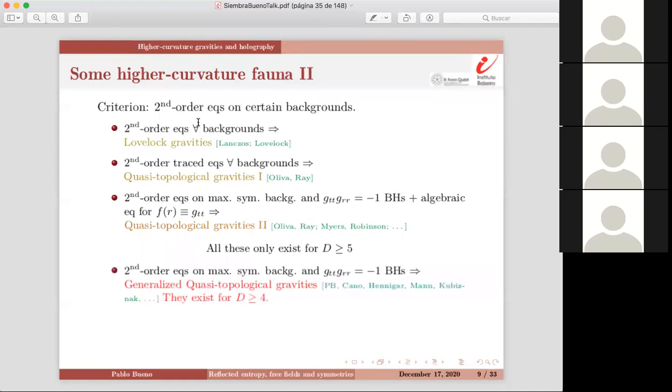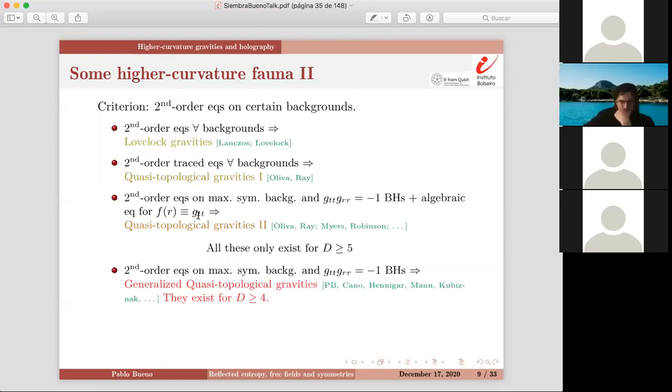So what's the best you can get in 4 dimensions? The best you can get is what are called generalized quasi-topological gravities, and these have second-order equations on maximally symmetric backgrounds, and they also satisfy the condition that black holes are characterized by a single metric function, which satisfies a second-order differential equation as opposed to standard quasi-topological gravities, for which it is an algebraic equation.